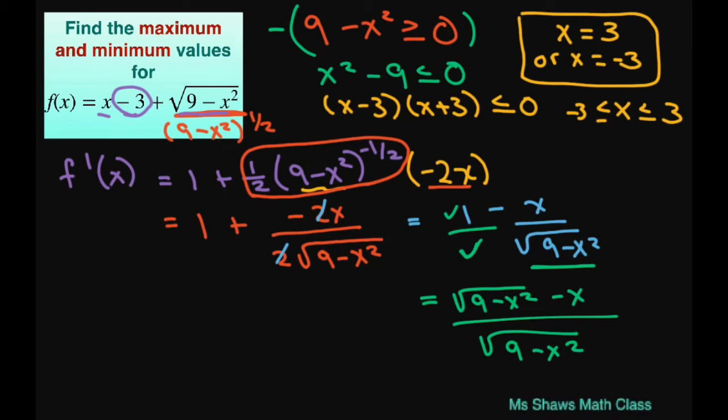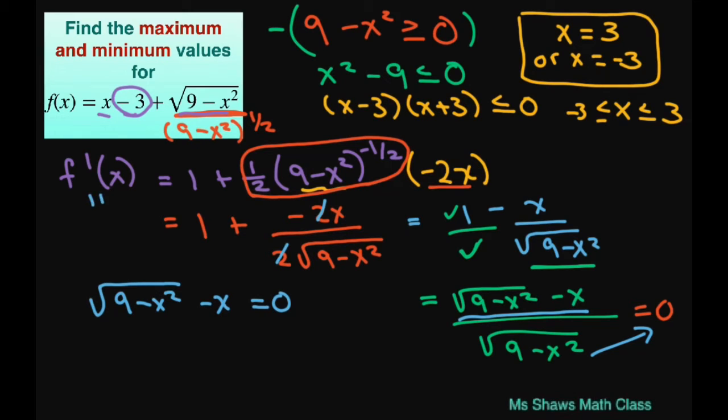Now, to find our horizontal tangents, to find all our extreme values, we set this equal to 0. Therefore, if I cross multiply, the denominator goes away, so I'm just setting the numerator equal to 0. So we have square root of 9 minus x squared minus x has to be 0.